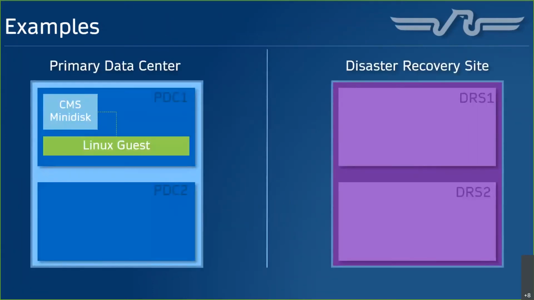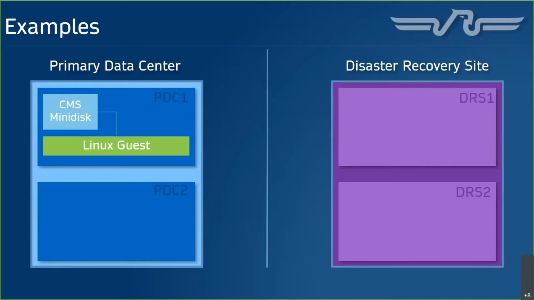So here's a little example. I mentioned earlier our disaster recovery. This is a rough diagram of our production layouts. We've got our primary data center on the left-hand side and our disaster recovery site on the right. One of the advantages I saw of VM was, okay, I need to apply maintenance to the hypervisor.